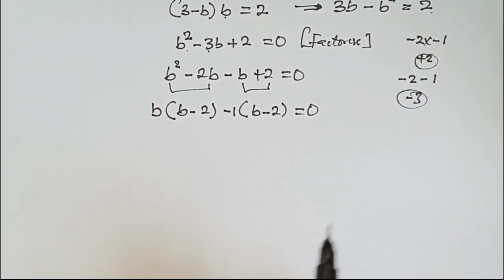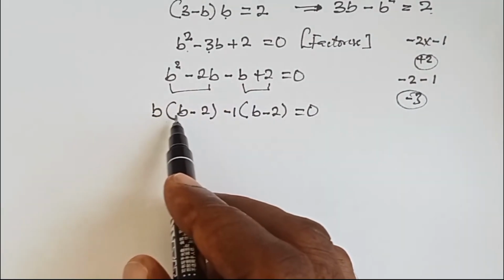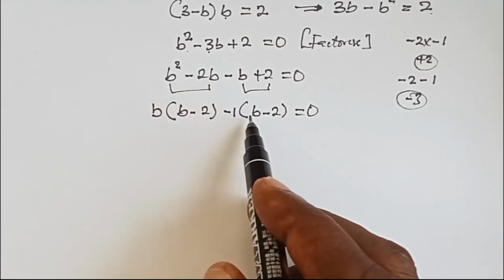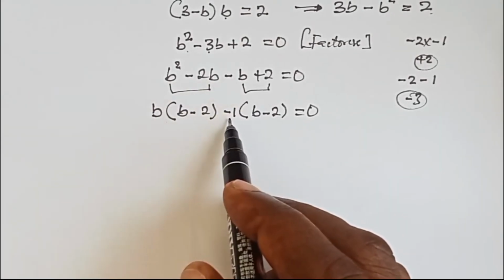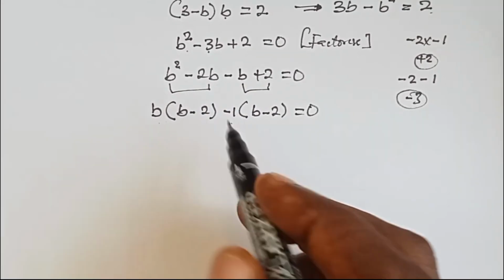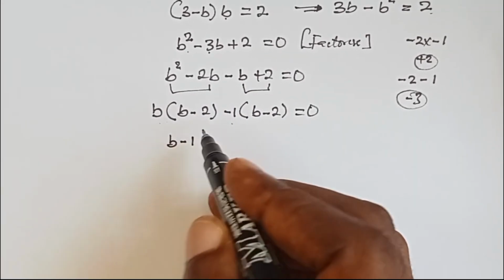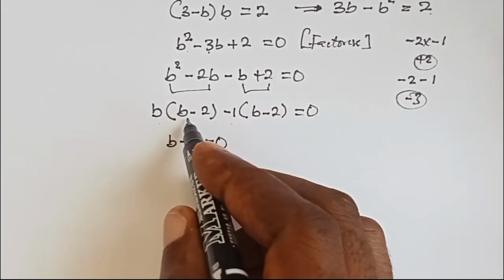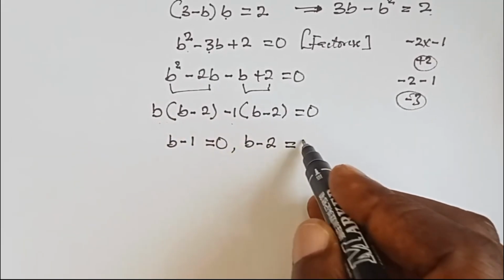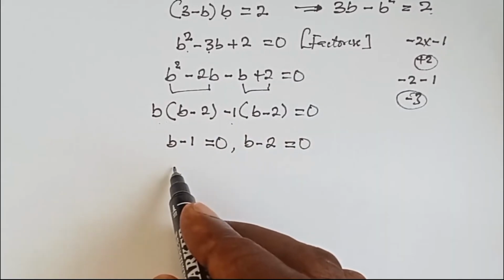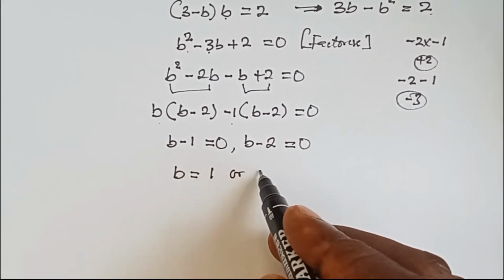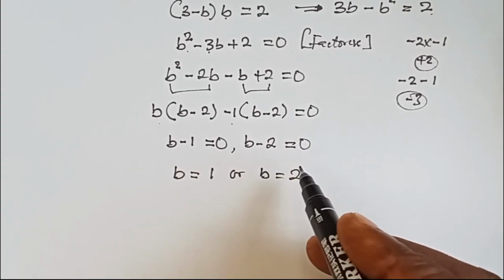By the time we expand, we get b times b, b squared, b times minus 2, minus 2b, minus 1 times b, minus b, minus 1 times minus 2, plus 2 equals 0. Then we pick this and this: b minus 1 equals 0, and b minus 2 equals 0. That means b is equal to 1, or b is equal to 2.